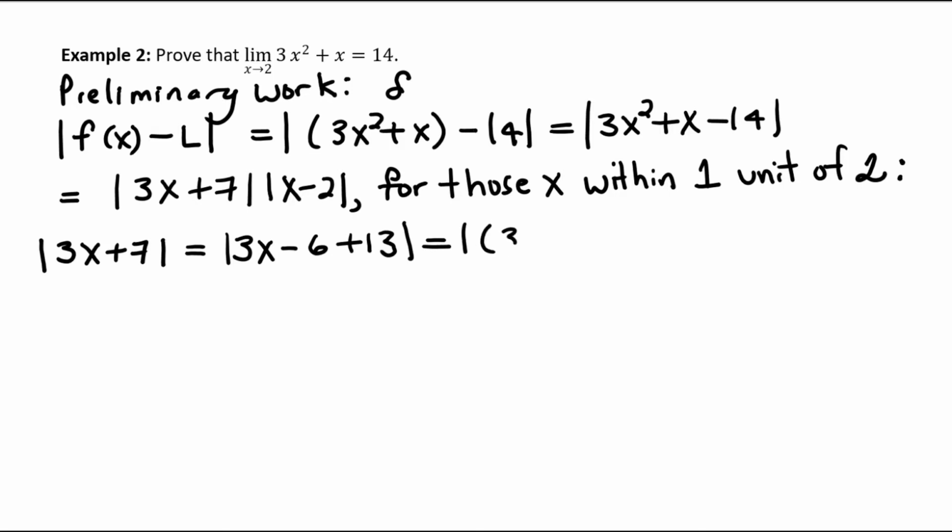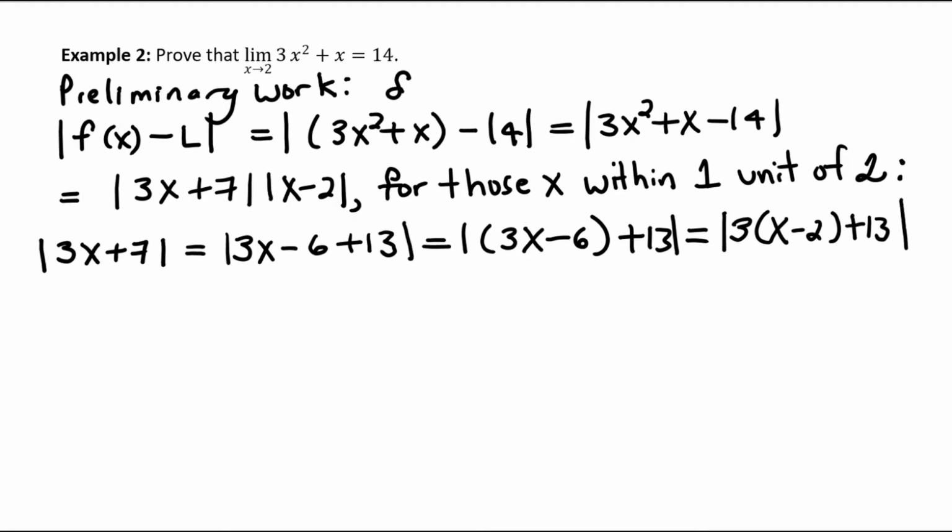So 3x minus 6, we still have the plus 13. And looking at the 3x minus 6, it has a common factor of 3. So we can further simplify this as the absolute value of 3 times the quantity x minus 2 plus 13.